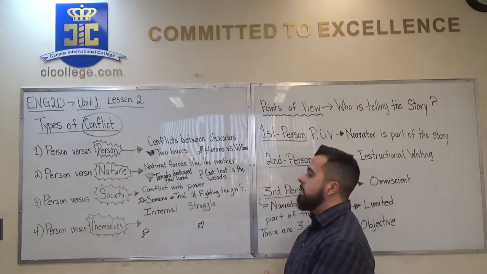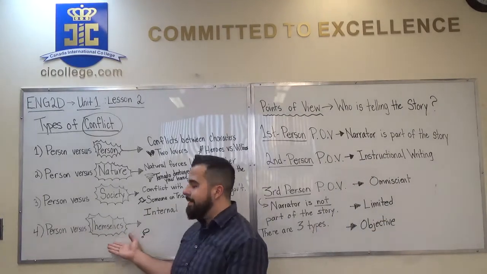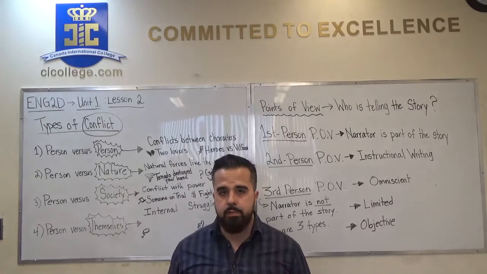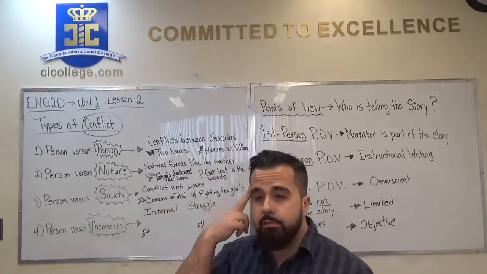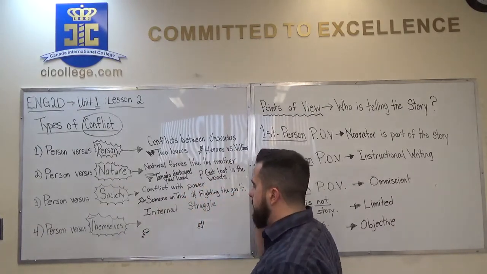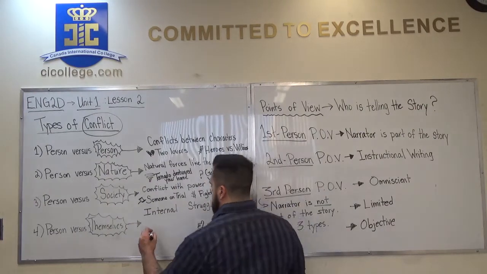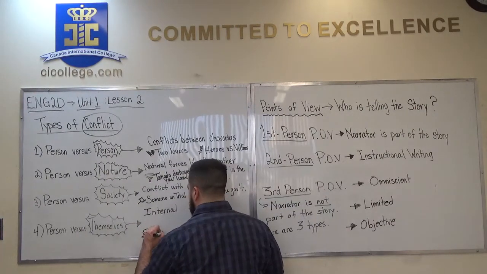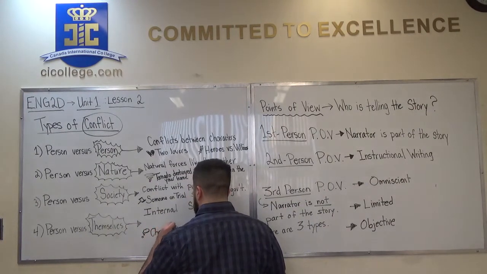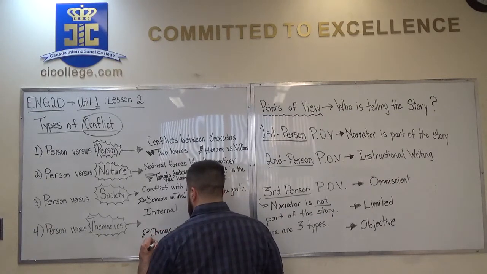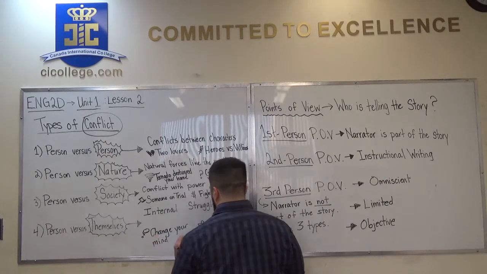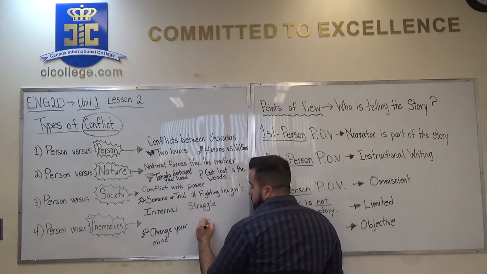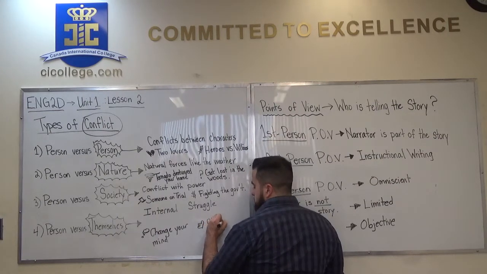And the last one we're going to talk about is a person versus themselves, or person versus self. And this is an internal conflict. This is something that happens in your mind, right? If you need to change your mind about an idea. Or maybe you change your beliefs about something.